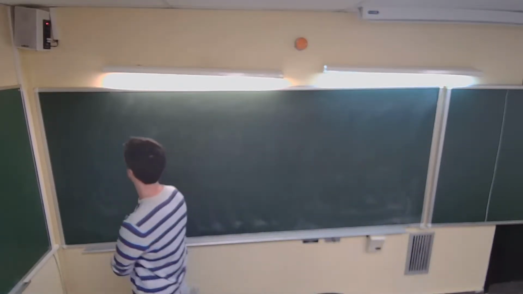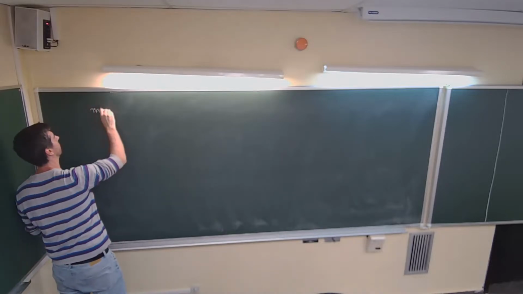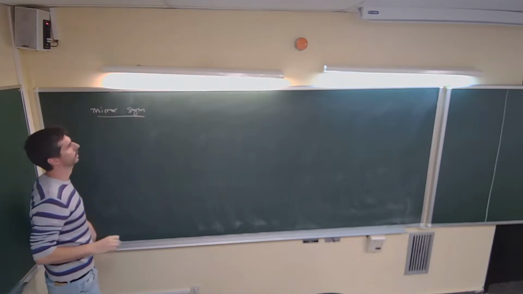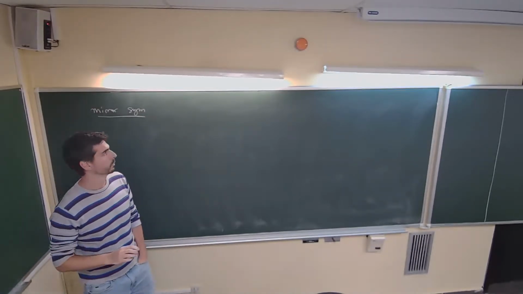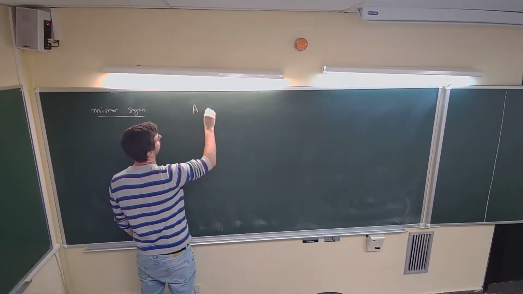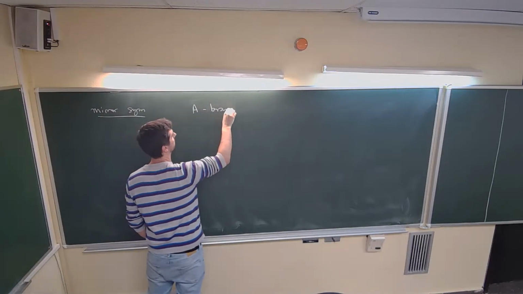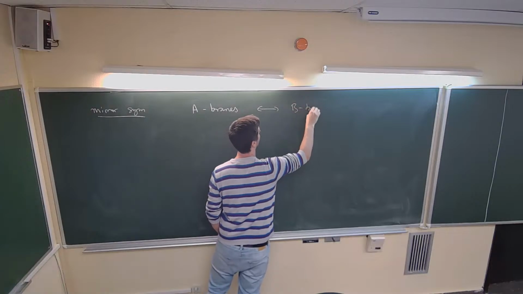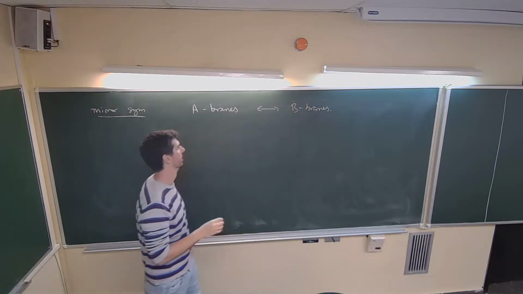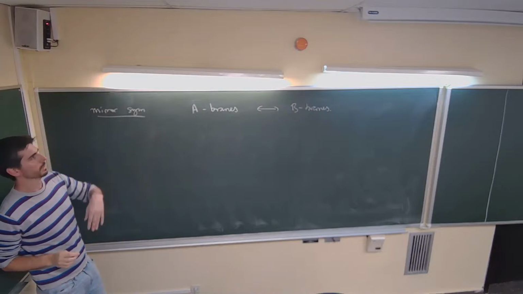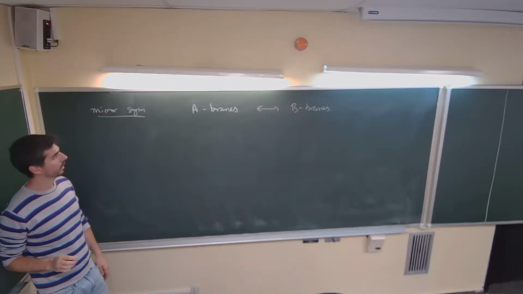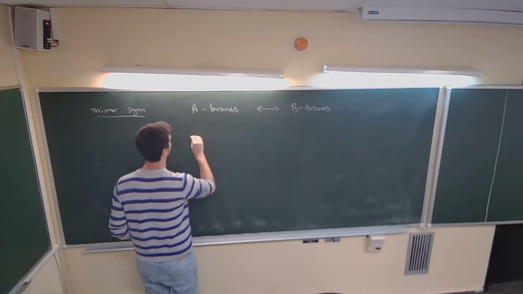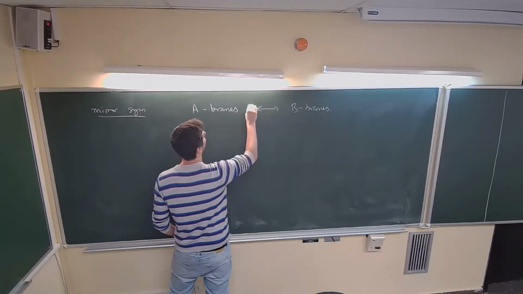So mirror symmetry usually provides an equivalence of categories of something that we call A-branes and B-branes. These A-branes depend on the symplectic structure of our framework.